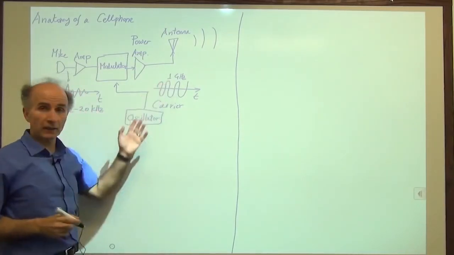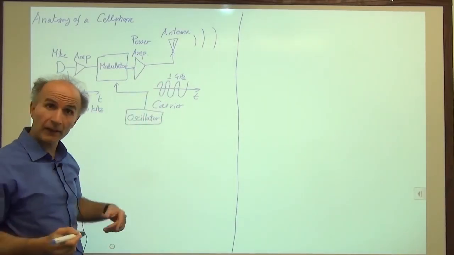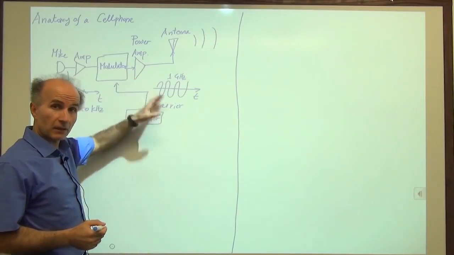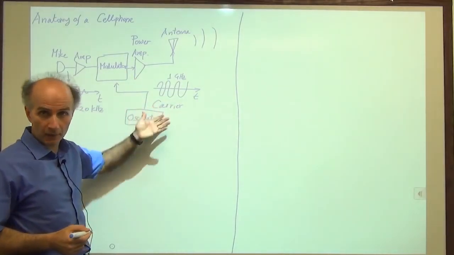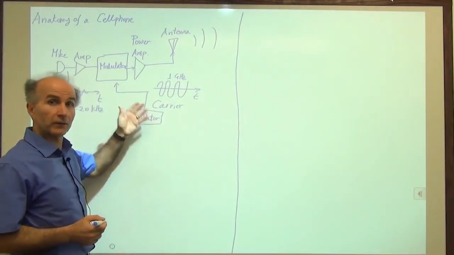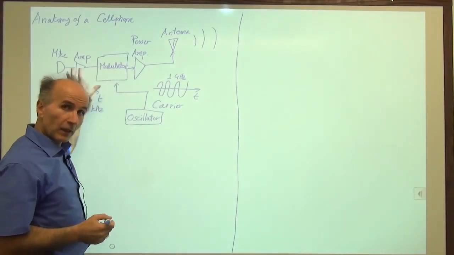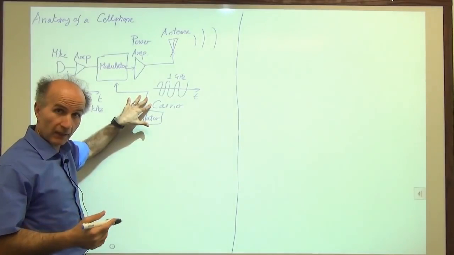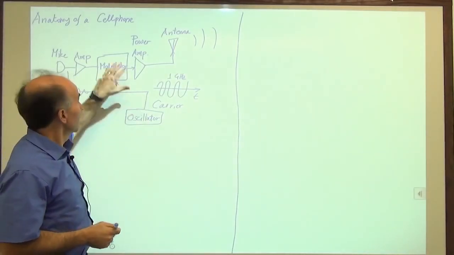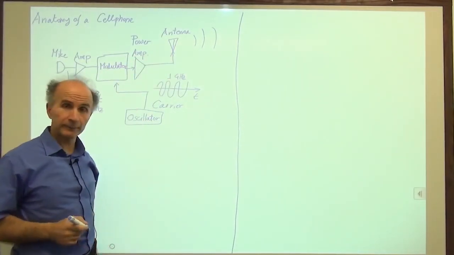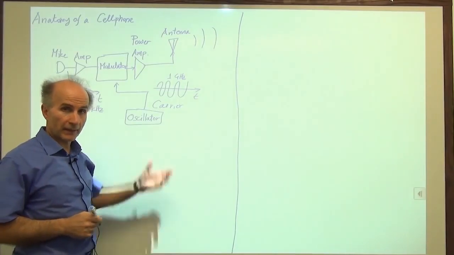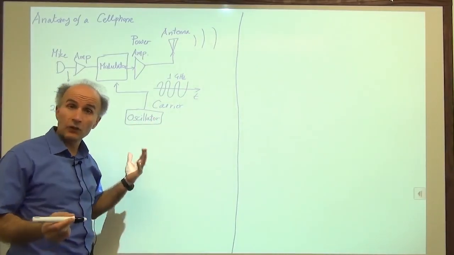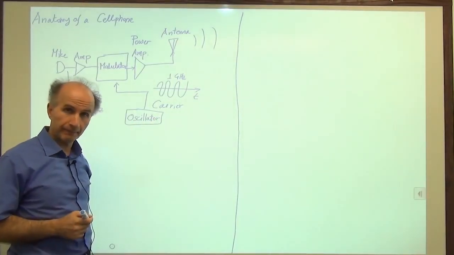So you may have a 1 gigahertz oscillator or a 2 gigahertz oscillator, and the signal comes here. This is called the carrier signal, or sometimes we call it the local oscillator. And then we somehow impress this information on this, maybe modulate its amplitude or its phase or its frequency, and then we go through the power amp and we come out. All right? That's the most basic transmitter that we can build.